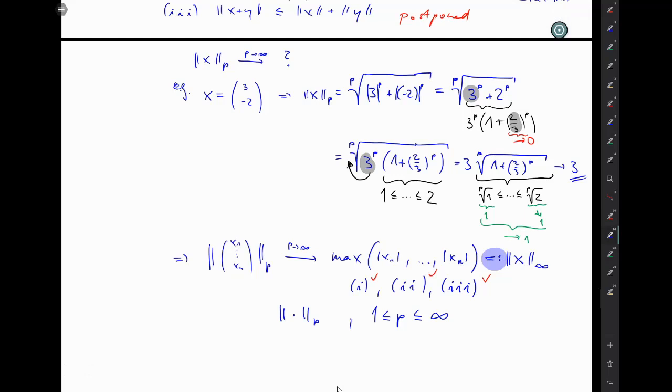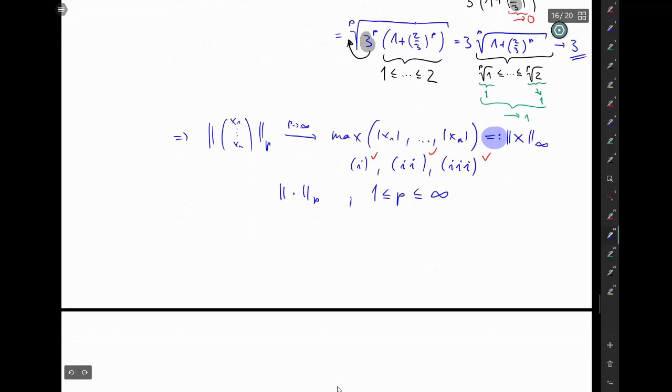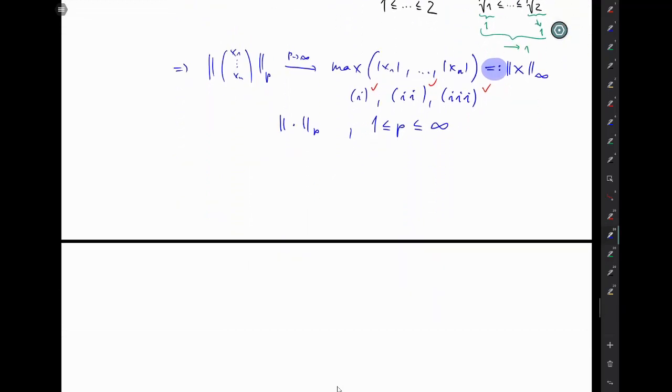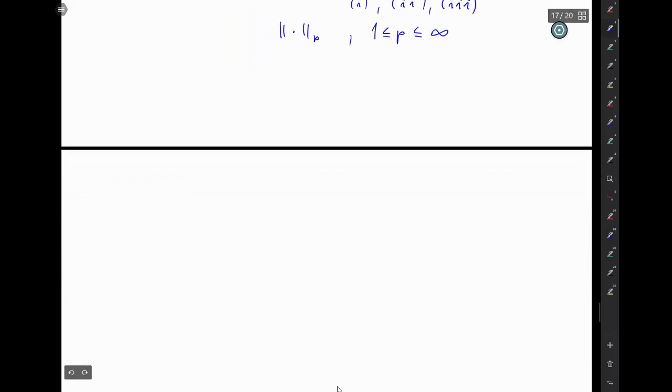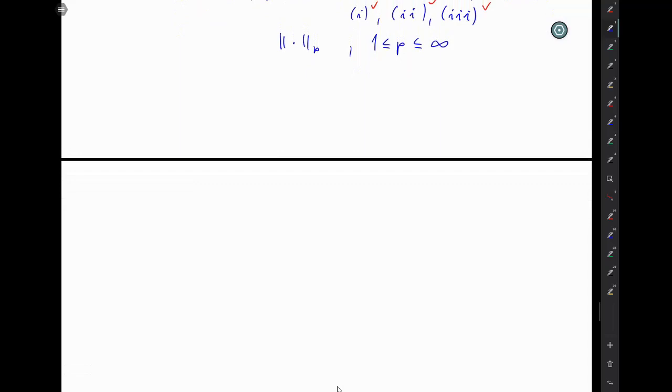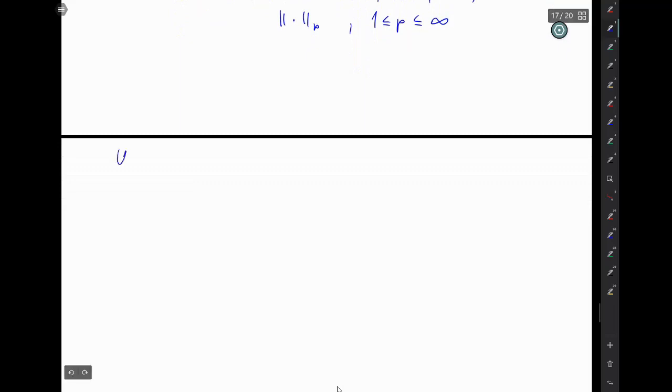Now, the best way to get a geometrical understanding of these p norms, including the cases p equals 1 and p equals infinity, is to take the dimension equal to 2, so you go to R2 and you look at the so-called unit circles. So the unit circles in R2 with the p norm will look like this.